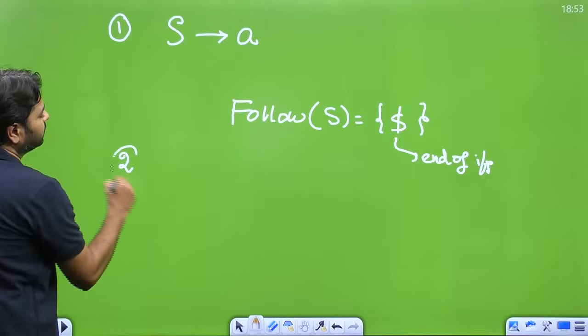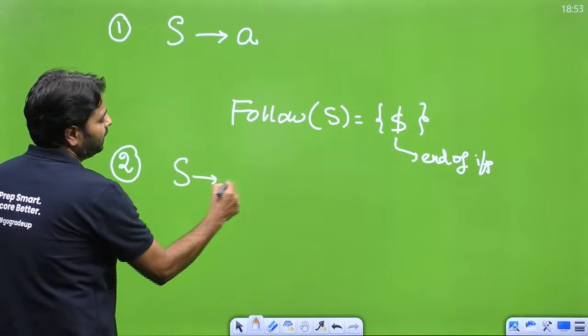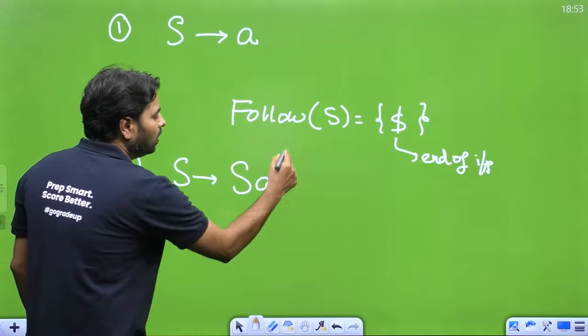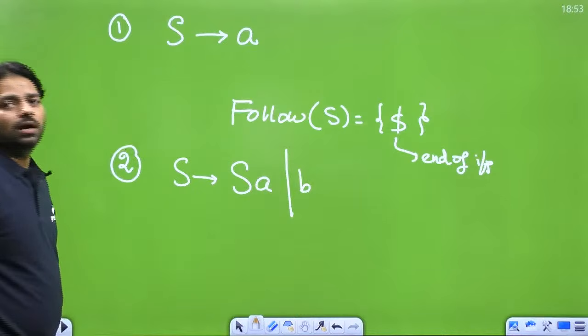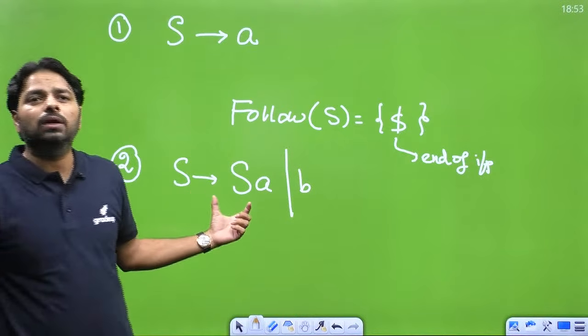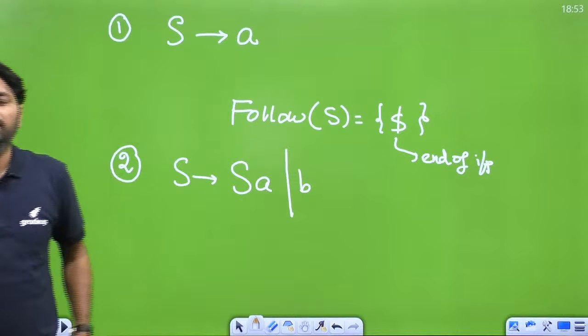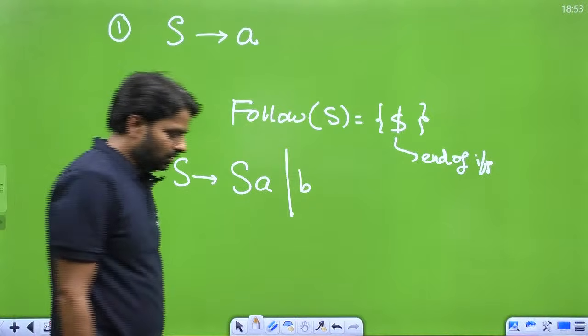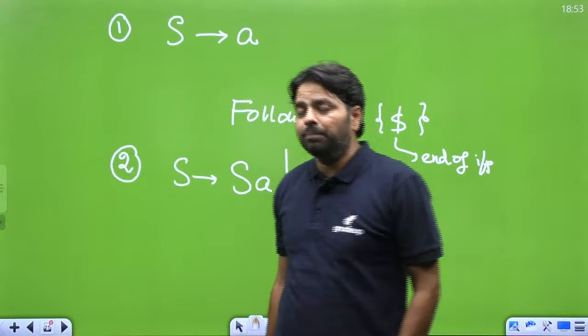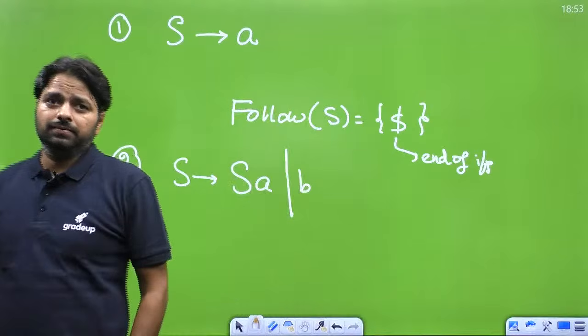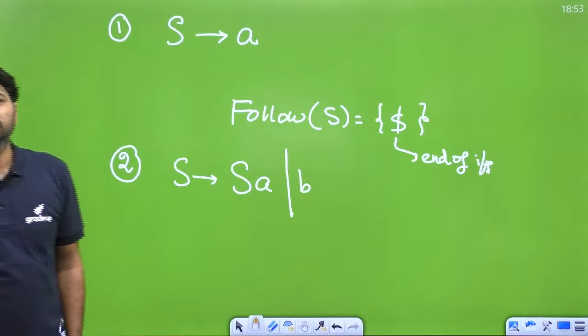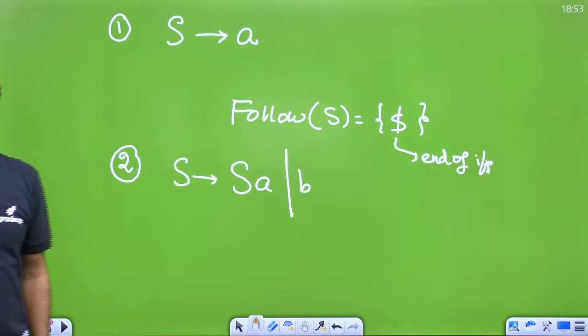And second point, suppose you have S A or B. Now look at how to compute the follow of S. What are the followers that you can compute for the follow of S? Yes.